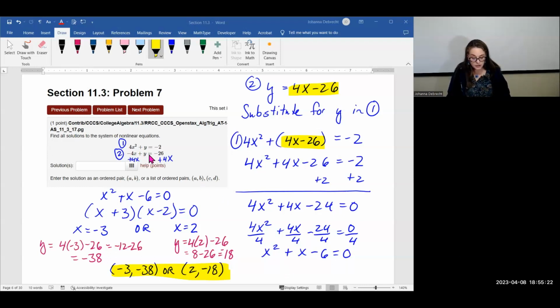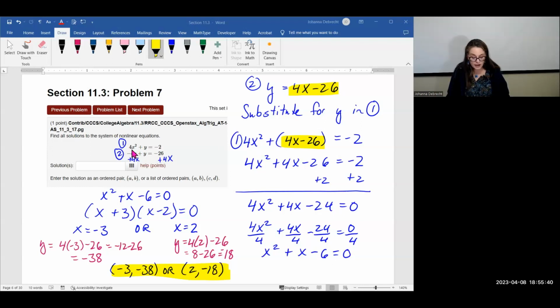Looking at this equation here, I can guess that this is a positively sloped line, but it's crossing the y-axis way down there at negative 26. If you look at it in this form, it's more obvious. I've got 4x squared plus y.